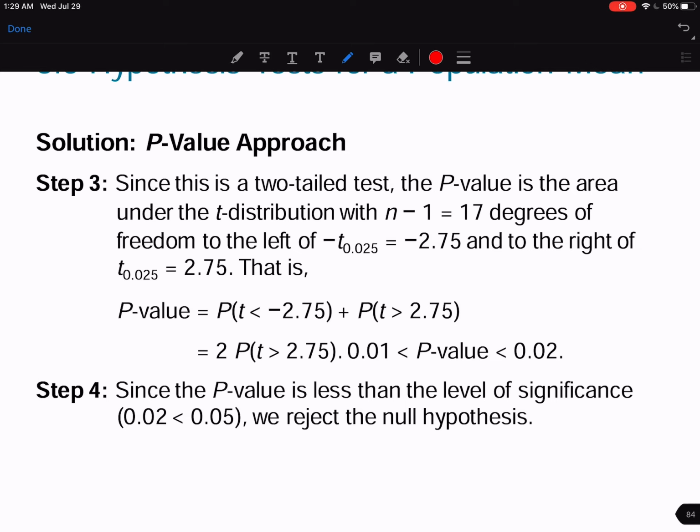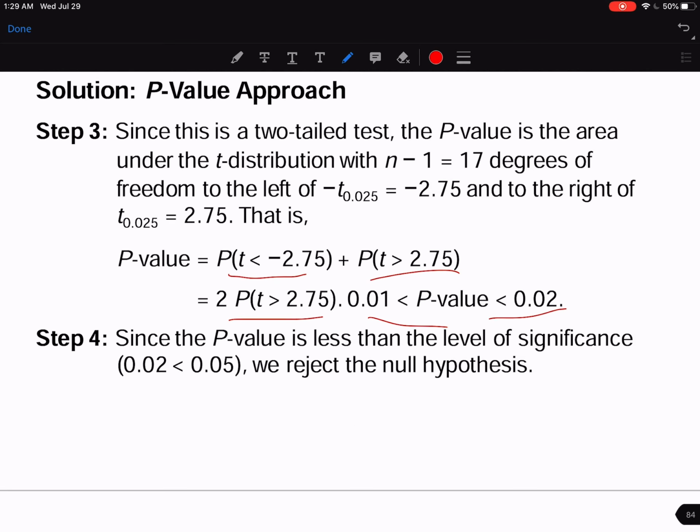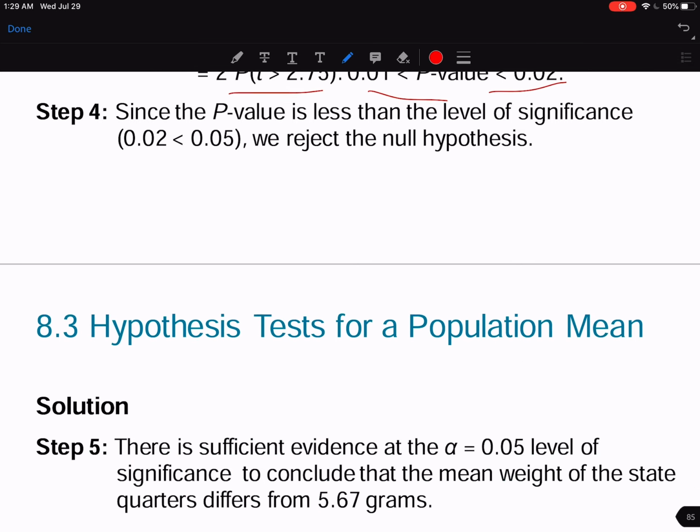If you go to the t-table, the sum of those two probabilities will be somewhere between 0.01 and 0.02. Whatever the exact value of the p-value is, it is between 0.01 and 0.02. It is less than alpha, which is 0.05. So since the p-value is less than alpha, we reject the null hypothesis.